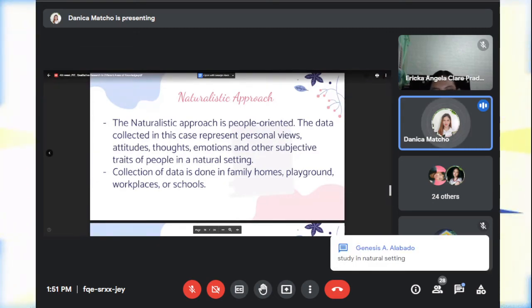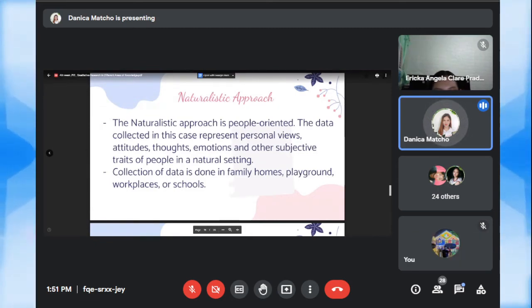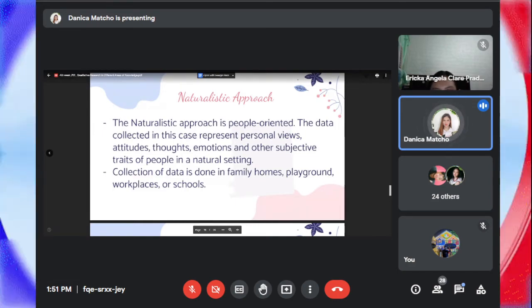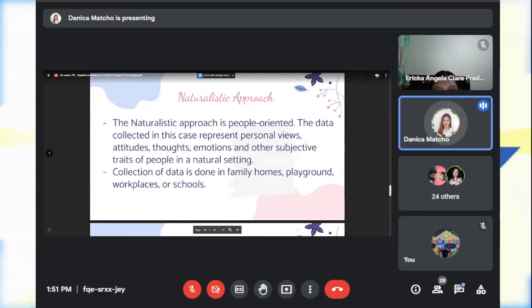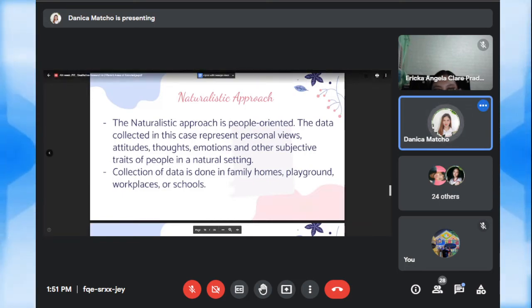And aside from that, they are also studied in their natural setting. Di ba that is one of the characteristics of qualitative research. Dapat kapag qualitative research, doon kayo mismo sa natural setting nila nagkakandak ng research. Okay? So kapag gumagawa tayo guys ng qualitative research, we are using this approach. Gumagamit tayo ng naturalistic approach.